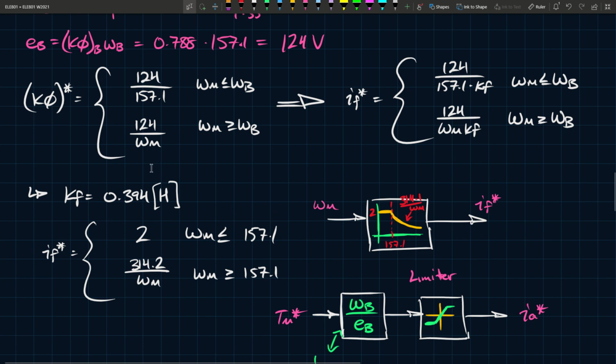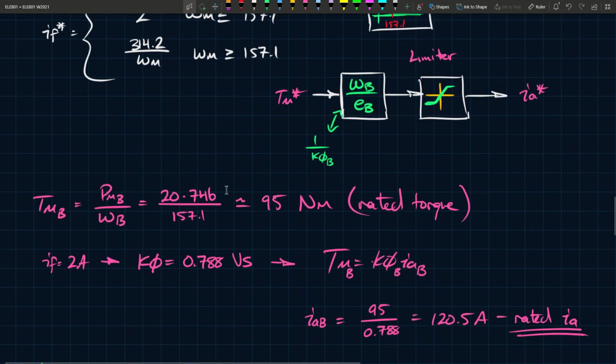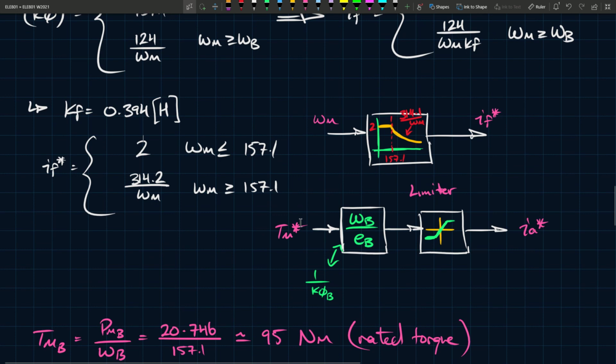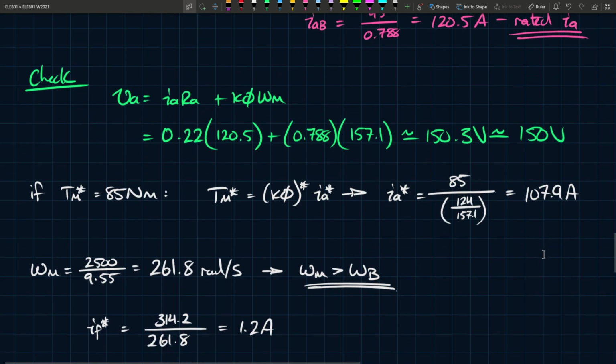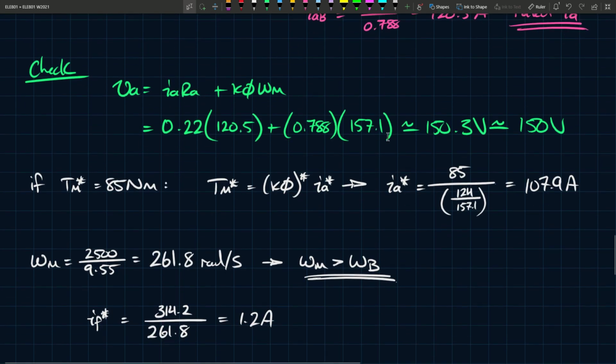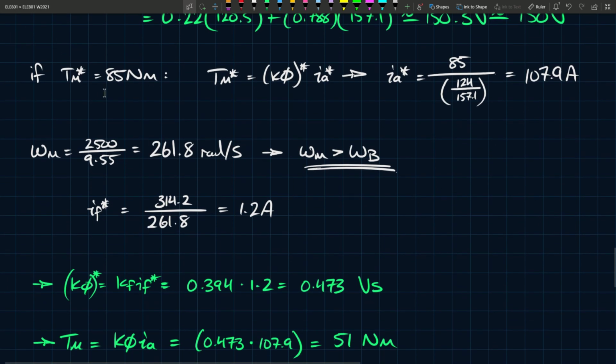All of these are based on the torque-speed characteristic that we would like to impose on vehicles in order to use them more effectively. Based on these characteristics, as well as what's given in the question, we determined our rated torque. Rated torque gave us the rated current, and then we did a little check. This was a side step just to make sure we're doing everything okay. Then we calculated, based on these references, what the motor characteristics would be.